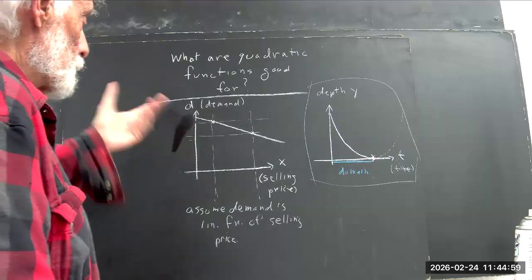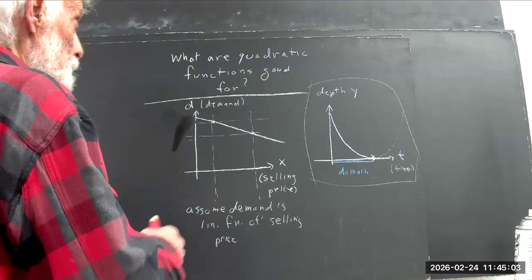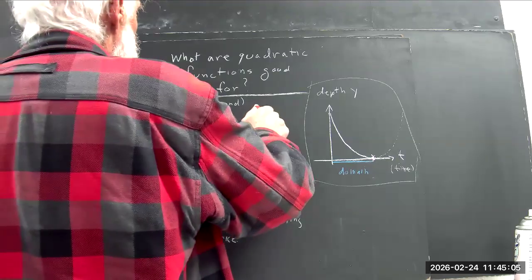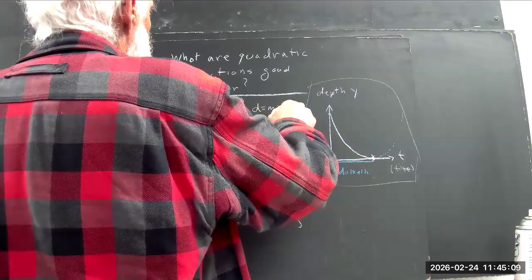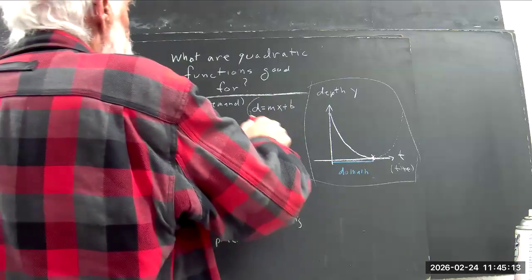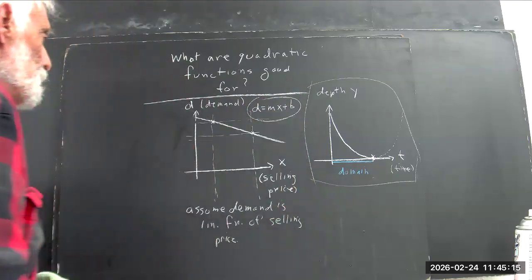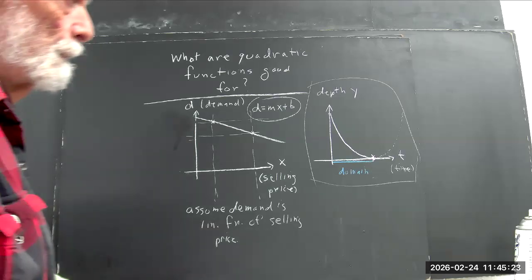Okay, so right here we have a linear function, and it's like y equals mx plus b. But in this case, it's d equals mx plus b, because it's a demand function. Okay. Now, question is, how much money do you take in?